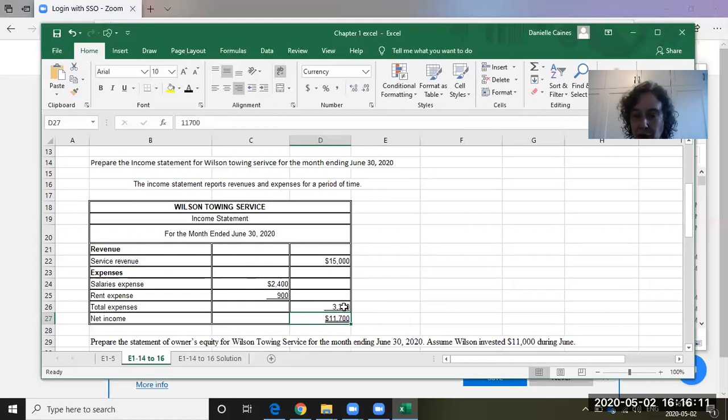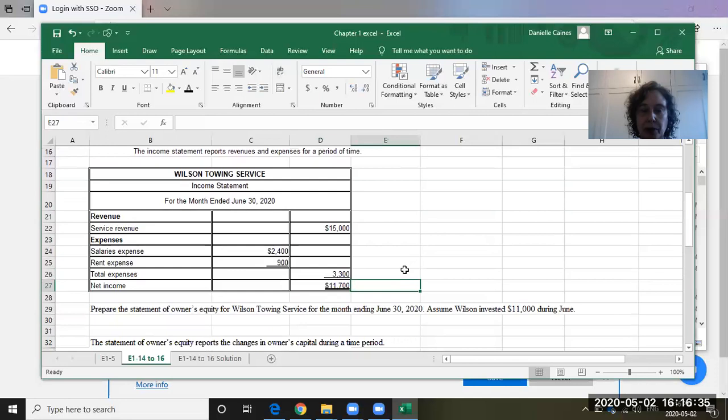This line under 3,300 says that we are doing a calculation. So we're taking 15,000, subtracting 3,300 to get our $11,700. That's showing that it's a calculation, and 11,700 is our final number. So that is the income statement: revenue, expenses, net income.